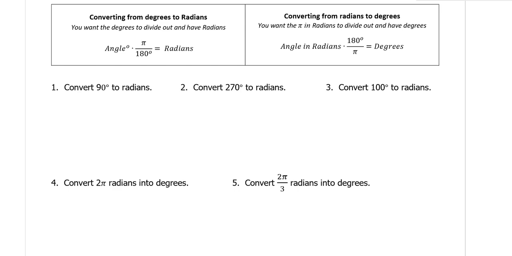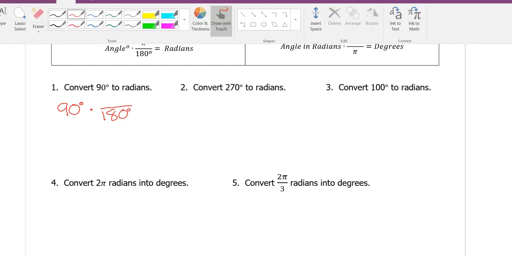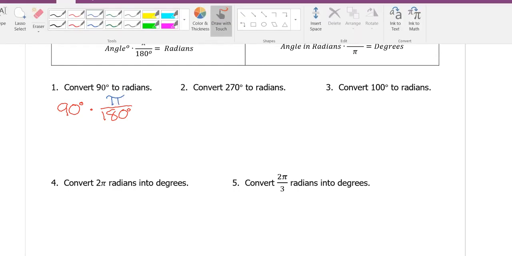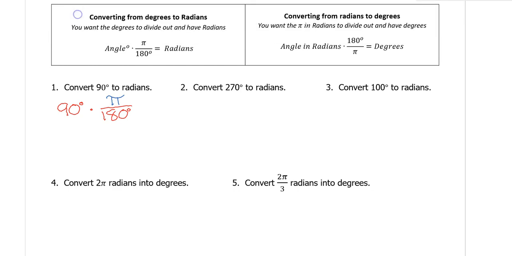So I have degrees, that means the degrees is going to go on bottom, right? The degrees has to cancel out. And then pi is going to go on top. Okay? Then I find it easiest just to put this over 1 and we multiply. This is not cross multiplying. There is no equal sign.